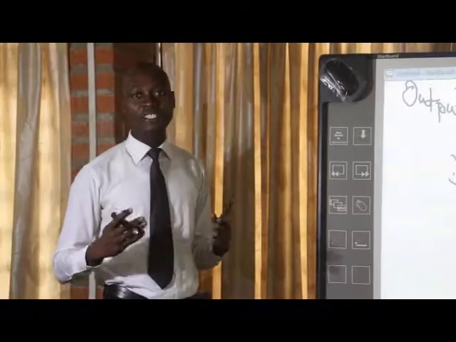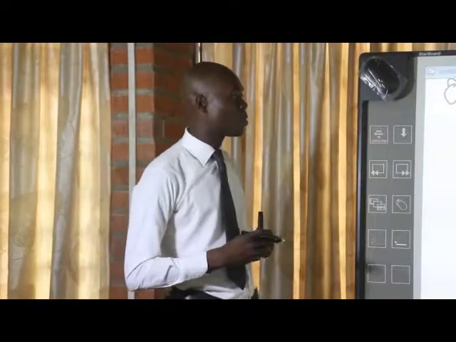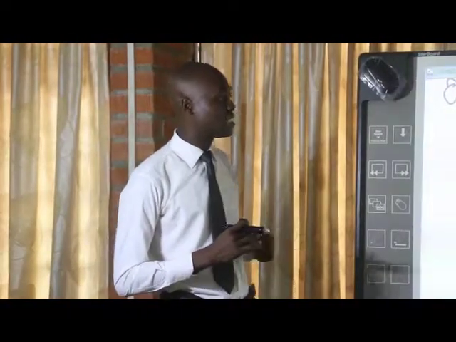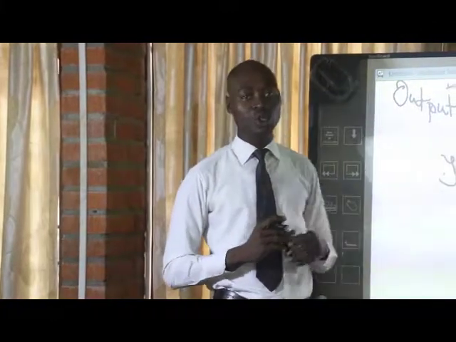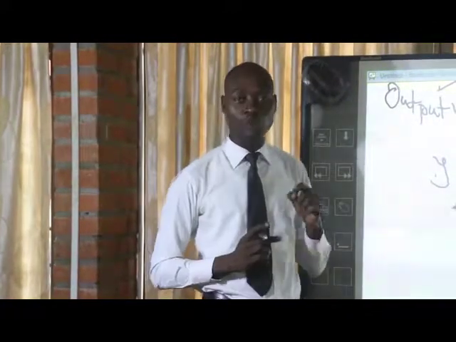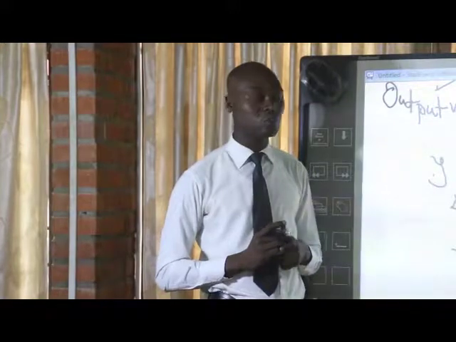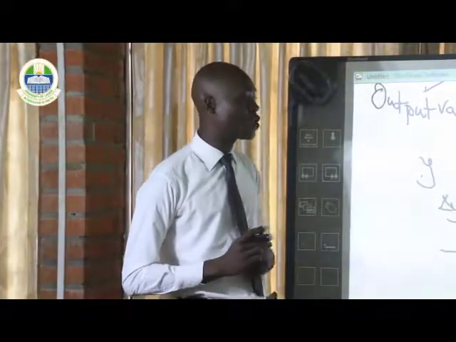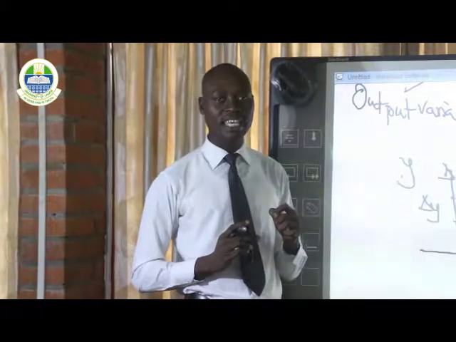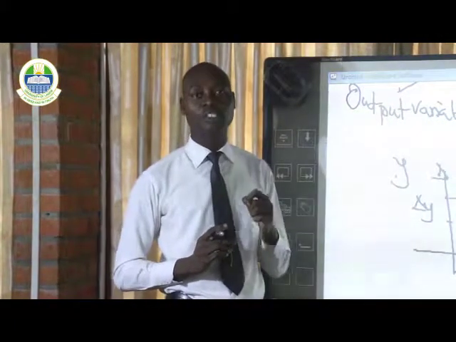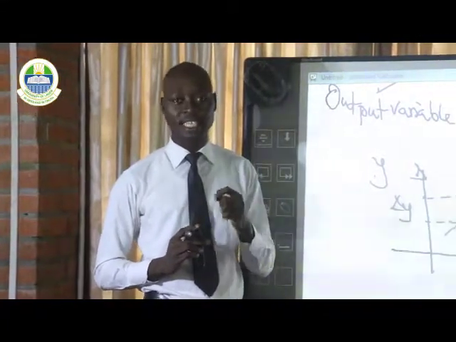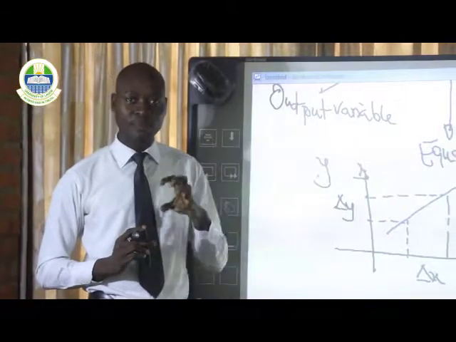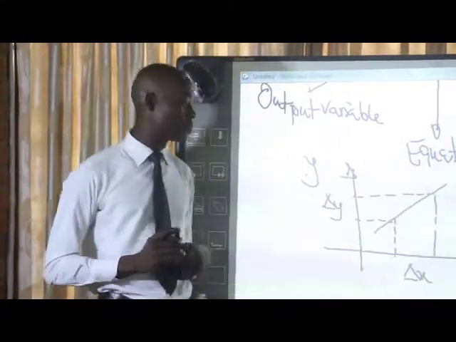But for more advanced curves, you'll notice that this formula cannot be used to compute the slope of curves. So what do we do? All you just need to do is to ensure that the change in x is as small as possible, even almost negligible, so that you can obtain the slope of such a curve.